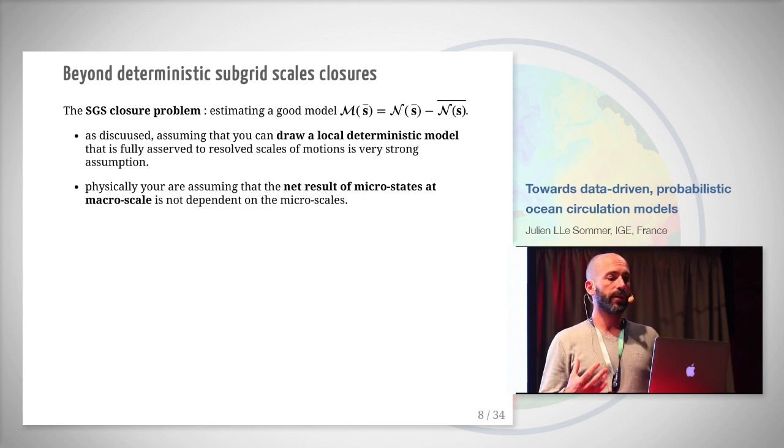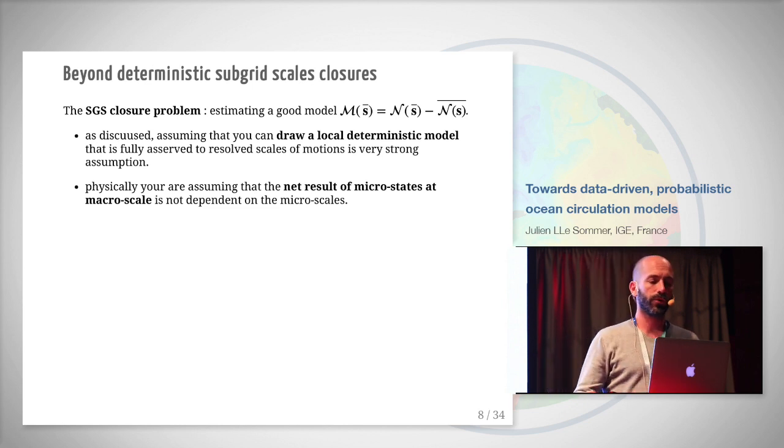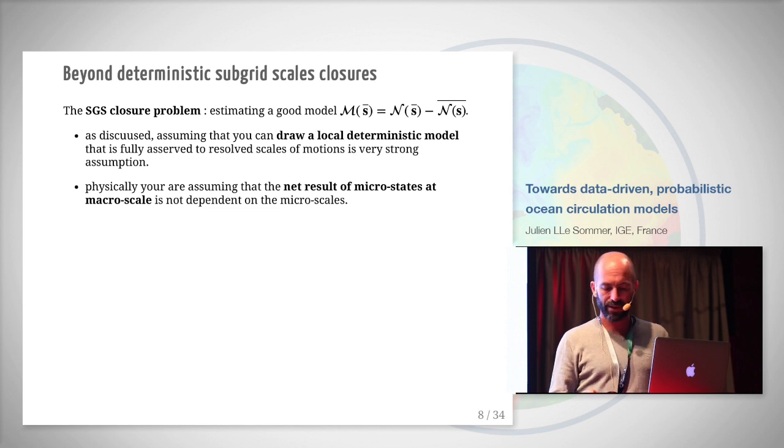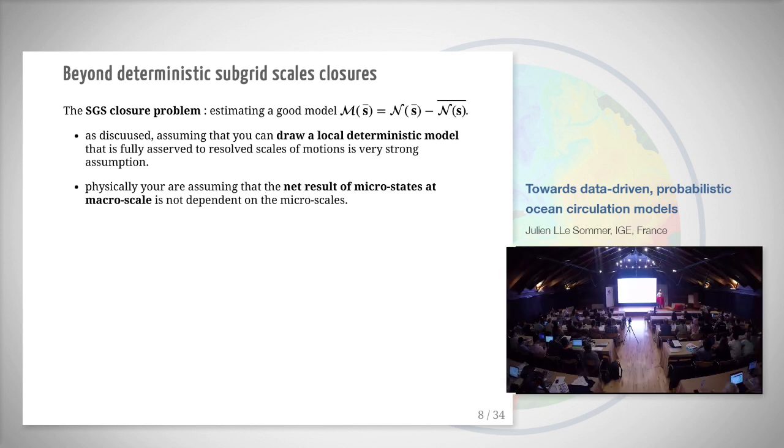Physically it's pretty much equivalent to saying that whatever the detail of the microscale, the way it would impact the large scale is only constrained by the large scale, and by no means is this verified in any fluid flow. So this is certainly a very strong assumption.